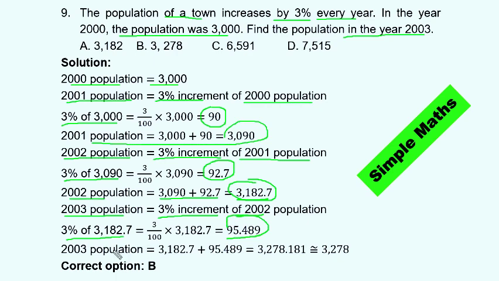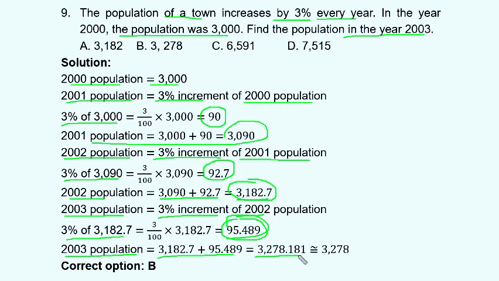Then the population of the year 2003, you have to add this value to the population of the year 2002, and that will give you 3,278.181.